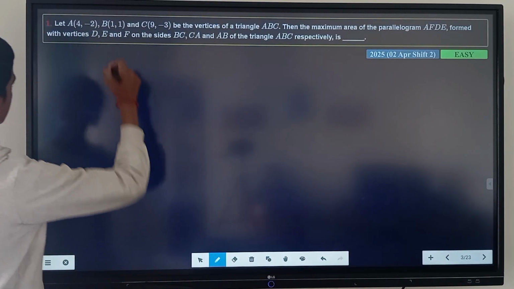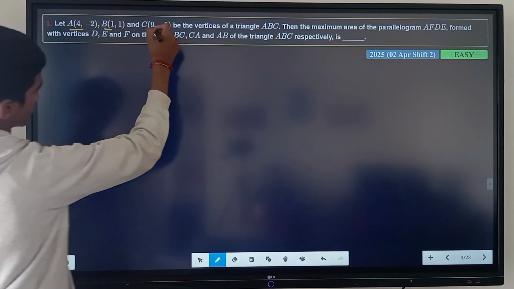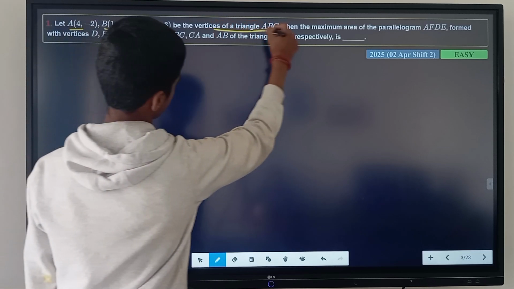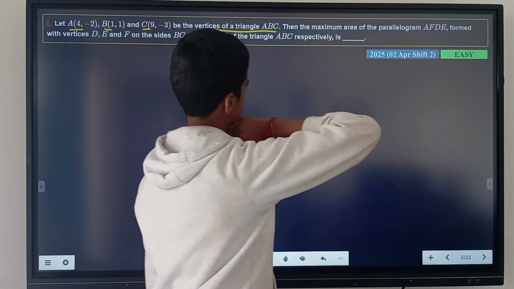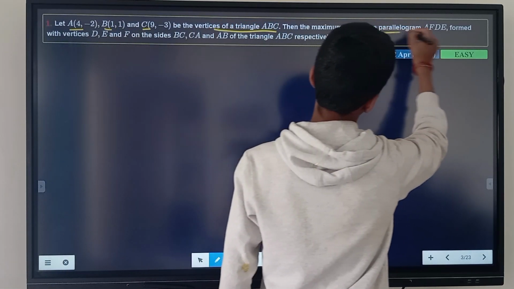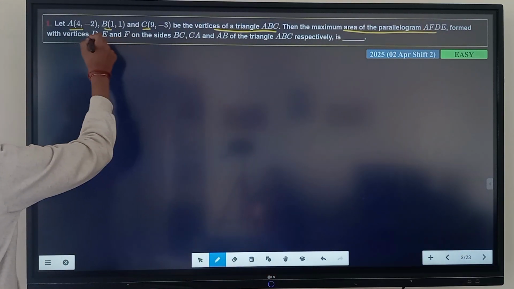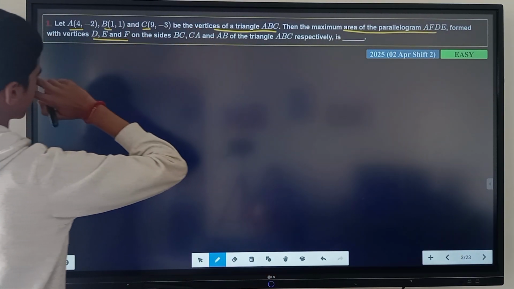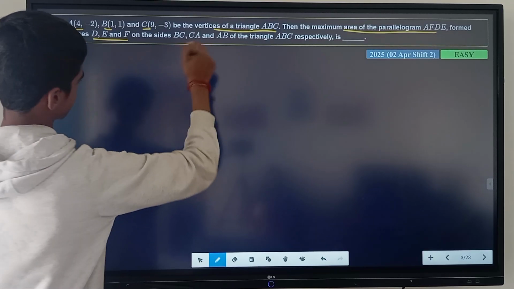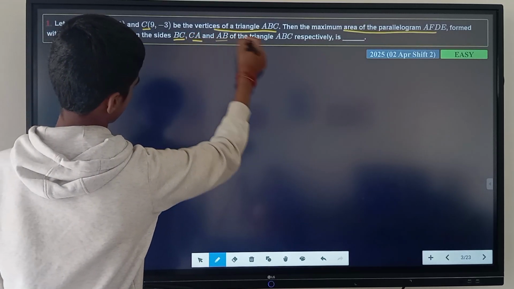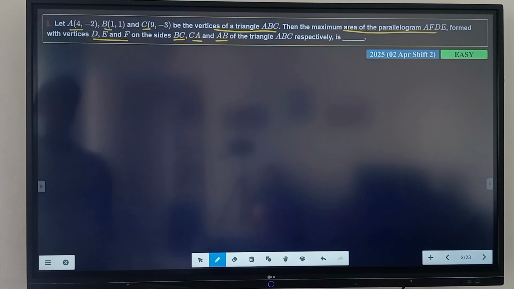Our question says: let A, B, and C be the vertices of a triangle ABC. Then the maximum area of parallelogram AFDE formed with vertices D, E, F on the sides BC, CA, and AB of the triangle ABC is.